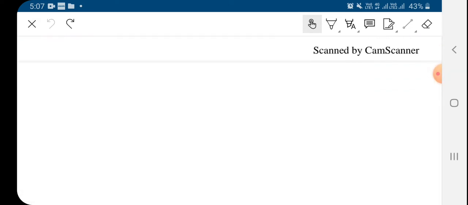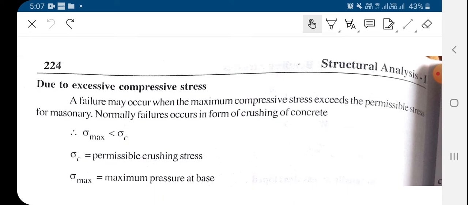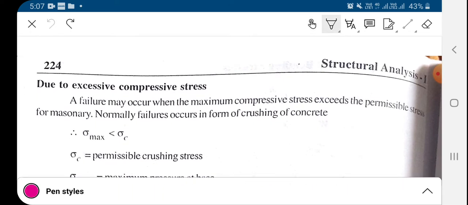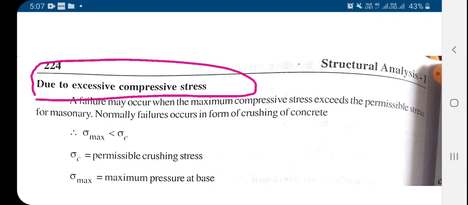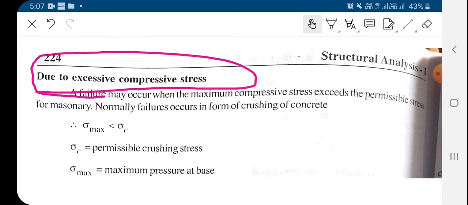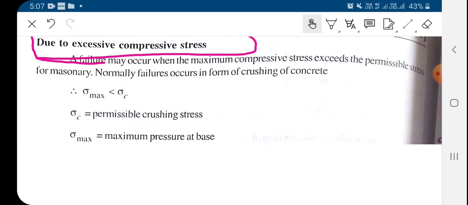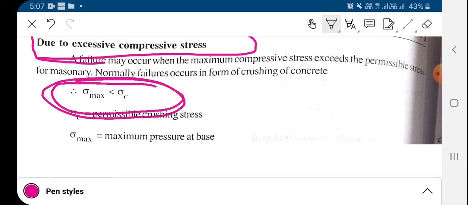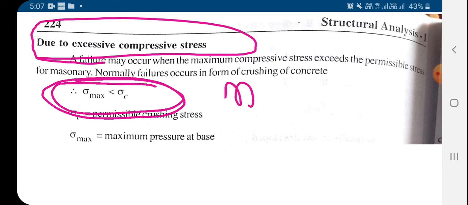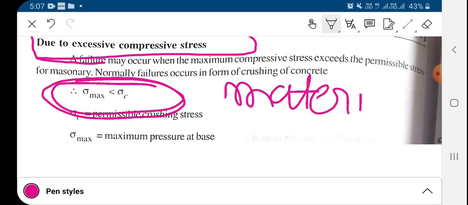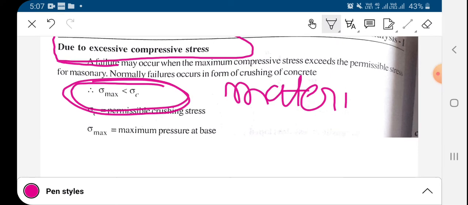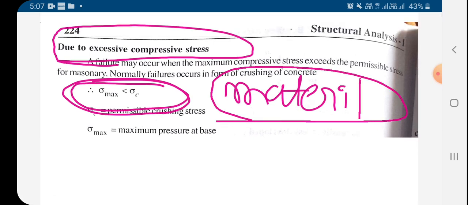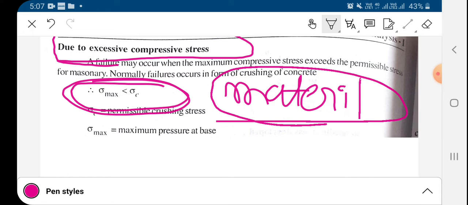So let's move forward. The third criterion is excessive compressive stress. If the stress generated exceeds the material strength, if it is a concrete dam, then the compressive strength of the material, that is concrete.